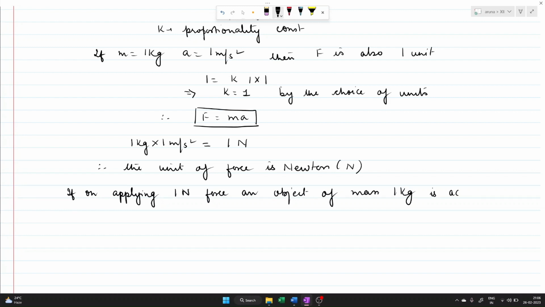On applying 1 Newton of force, an object of mass 1 kg is accelerated by 1 meter per second square. Or in other words, if an object of 1 kg mass gets accelerated by 1 meter per second square, then the applied force is 1 Newton.